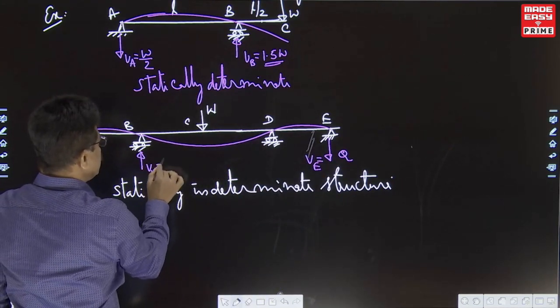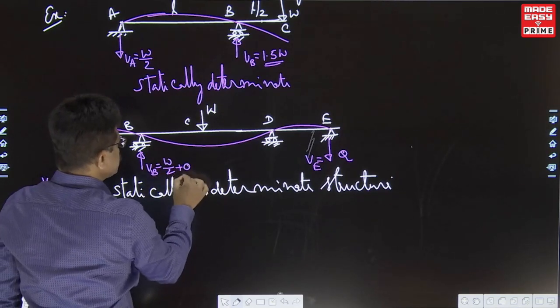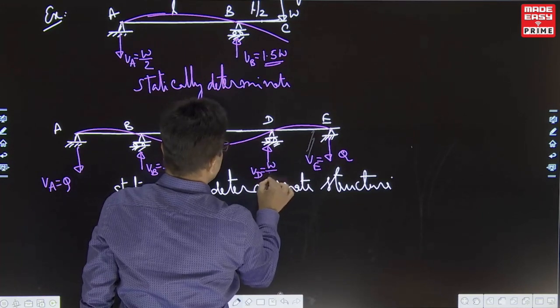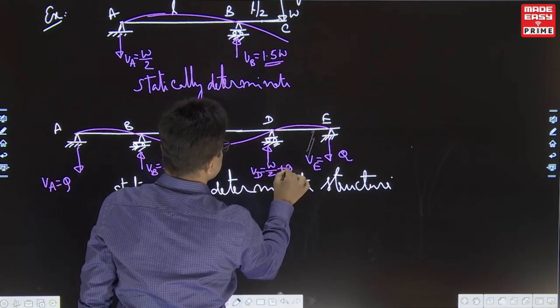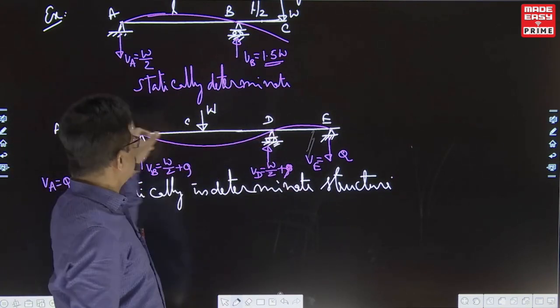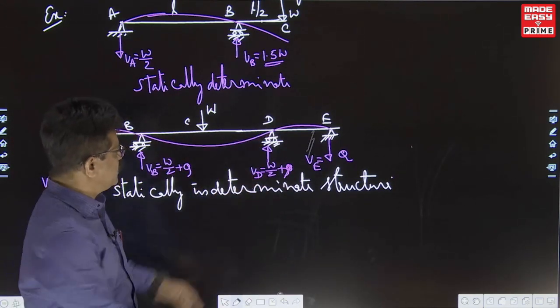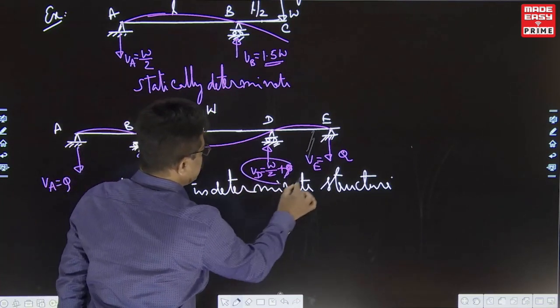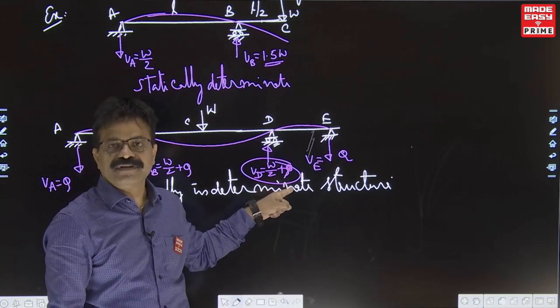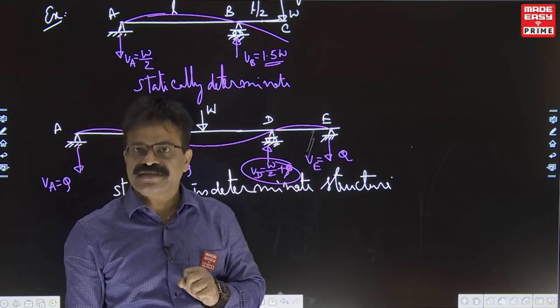VB you will get W by 2 plus Q. VD is W by 2 plus Q. Now equilibrium is satisfied. No load is here and here. The reaction at D is not W by 2 alone; some additional reaction has developed. That's what you have studied in structural analysis.